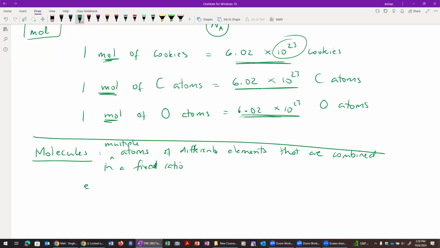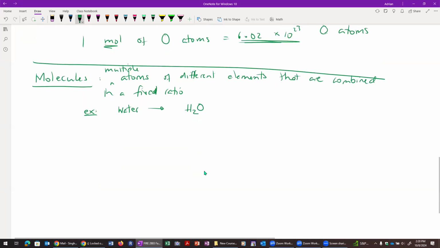So, for example, we have something like water, and you probably know the chemical formula for water is H subscript 2, and then there's an O. So this is how we interpret the chemical formula for water: the subscripts tell us how many of each of the preceding element or atoms we have in this molecule.